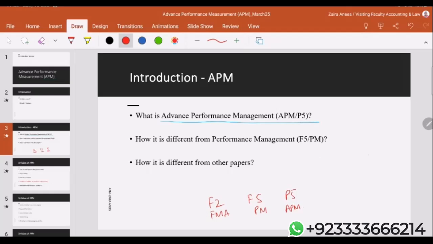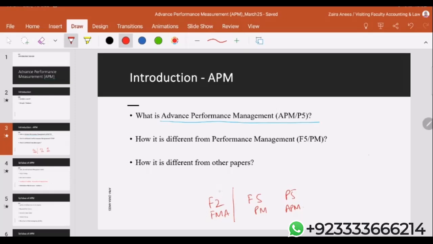ACCA has divided the whole of performance management and management accounting into three different parts. When students were in the F2 paper, they were treated as clerical staff, someone who should know the basic terminologies of management accounting. The F2 paper is mostly number crunching and basic concepts like material, labor, overheads, process costing, absorption costing, and marginal costing.